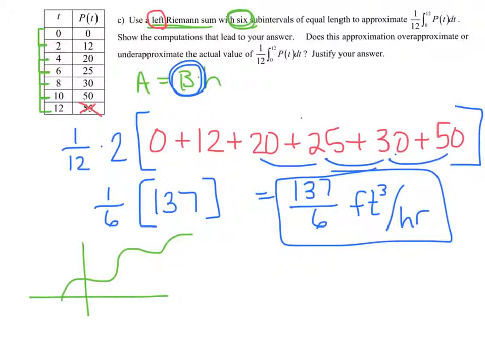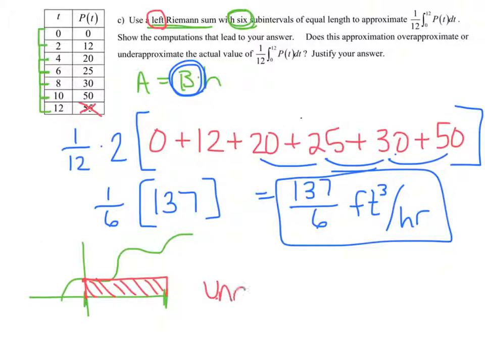If I wanted to do a left Riemann sum between my intervals here, we'll go from 0 to 12, just like they said, I would draw in a left-hand rectangle. So starting on the left-hand side, I'd come up, go across and drop down. And you can see that that rectangle clearly underestimates the area under the curve.